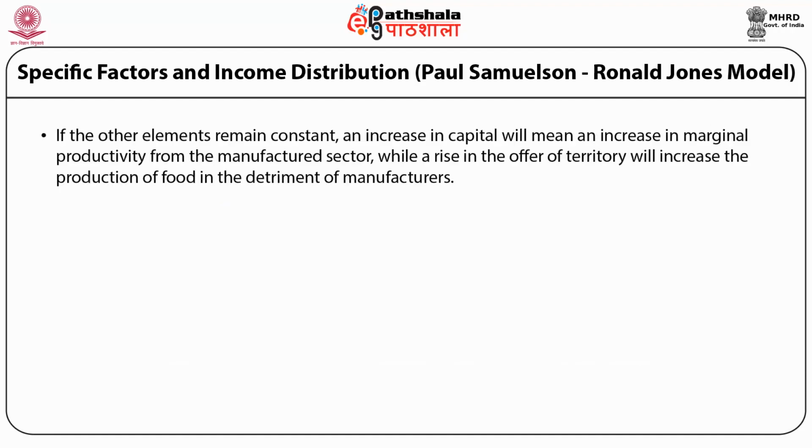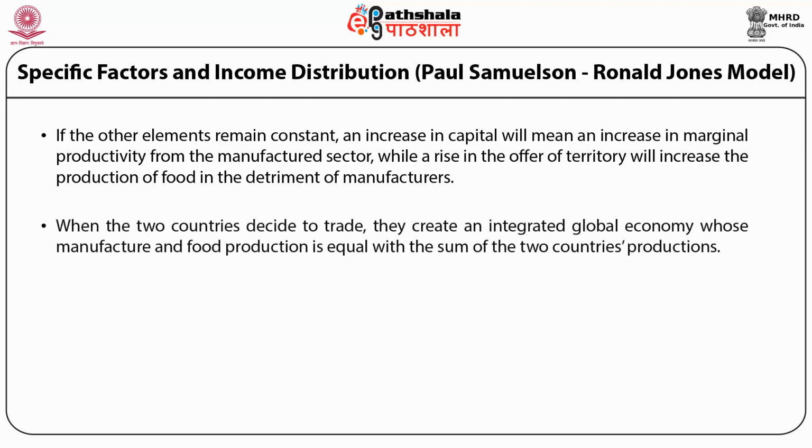If the other elements remain constant, an equal increase in capital will mean an increase in the marginal productivity of the manufactured sector, while a rise in the supply of territory will increase the production of food. When two countries decide to trade, they create an integrated global economy whose manufacturing and food production is equal to the sum of the two countries' production.